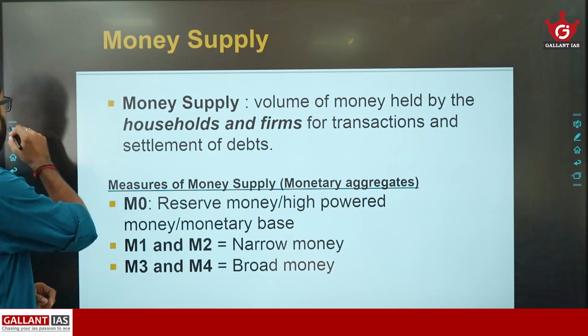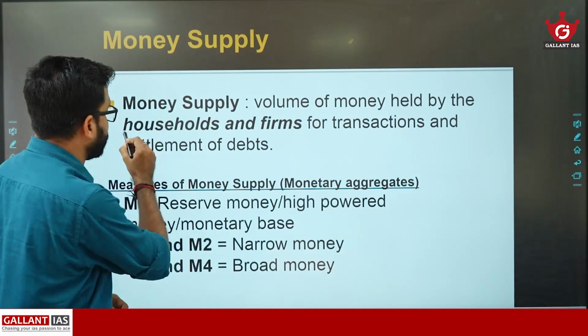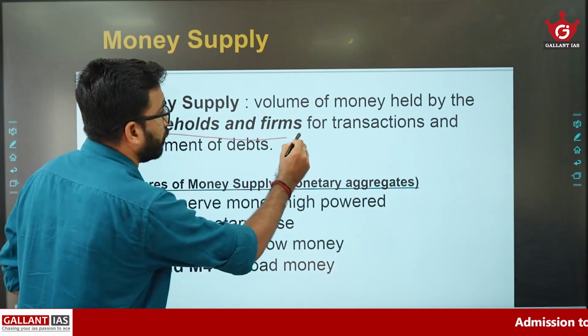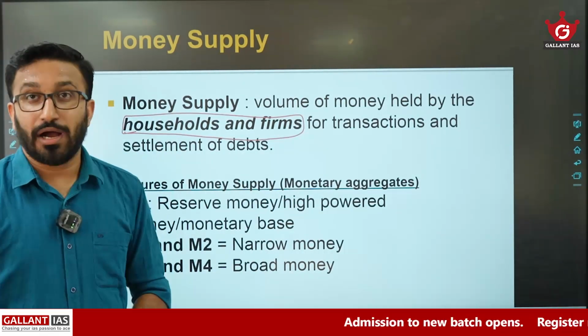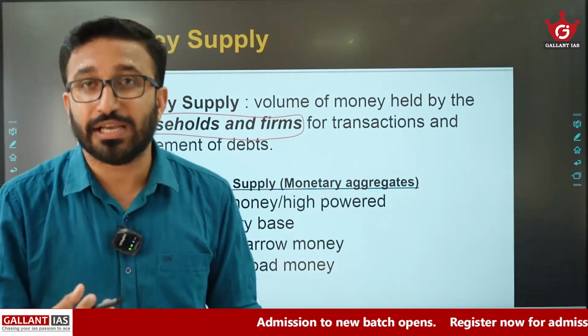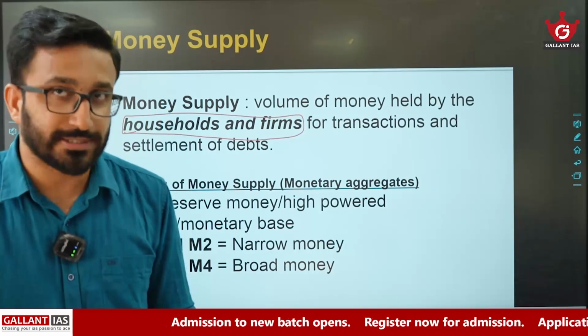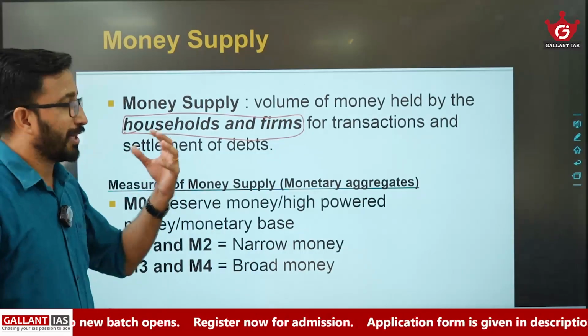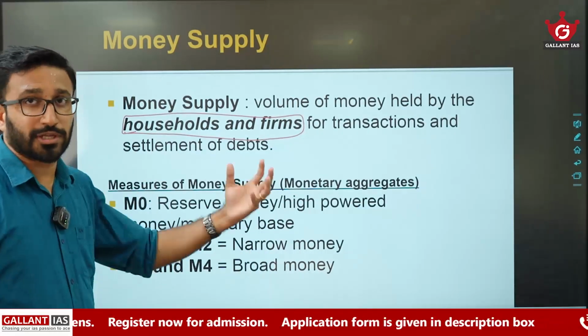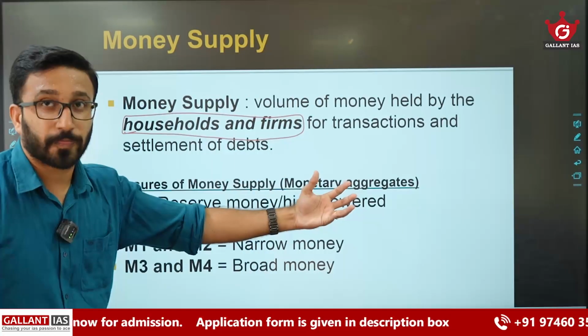Look at the key terms. It's the volume of money held by households and firms. Households and firms, so that means individuals or companies. And it does not include government. It does not include other banks.